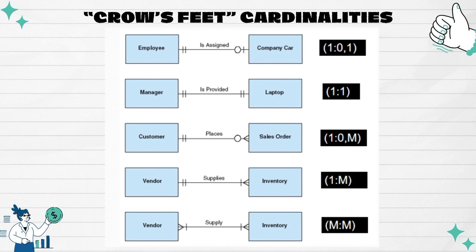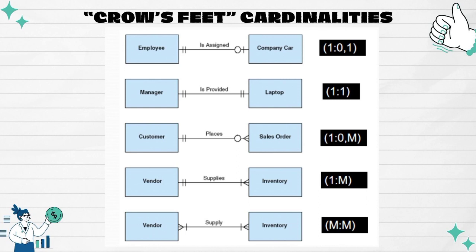When determining the cardinality values in an entity association, select a single occurrence or record of one entity and answer the question: what are the minimum and maximum number of records that may be associated with the single record that has been selected? For example, in number 1, we're selecting an employee entity record and looking toward the company car entity, and we see two possible values. If the selected employee record is that of a salesperson, he or she is assigned one and only one company car.